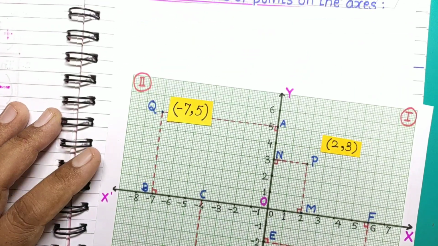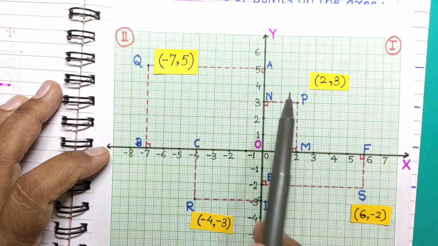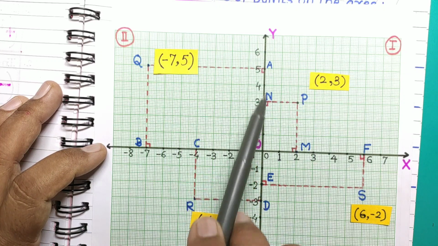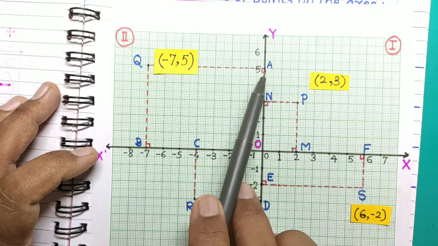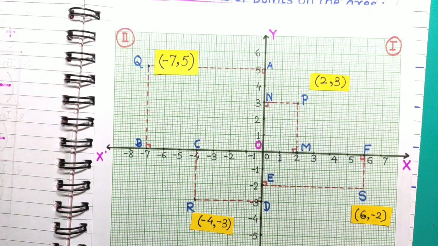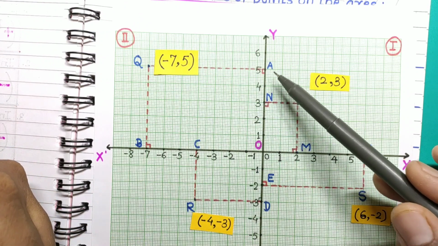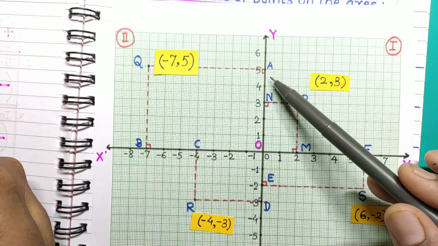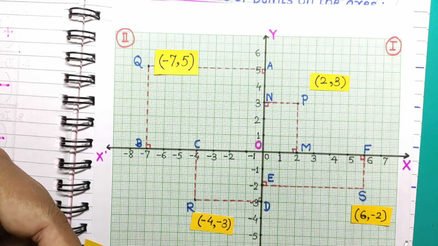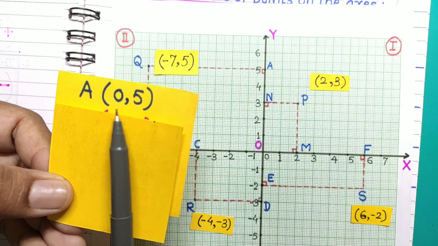See some examples. Point A is on the y-axis and its distance from the y-axis is 0, so its x coordinate is 0. Its distance from the x-axis is 5 units, so its y coordinate is 5. That means the coordinates of point A are (0, 5).